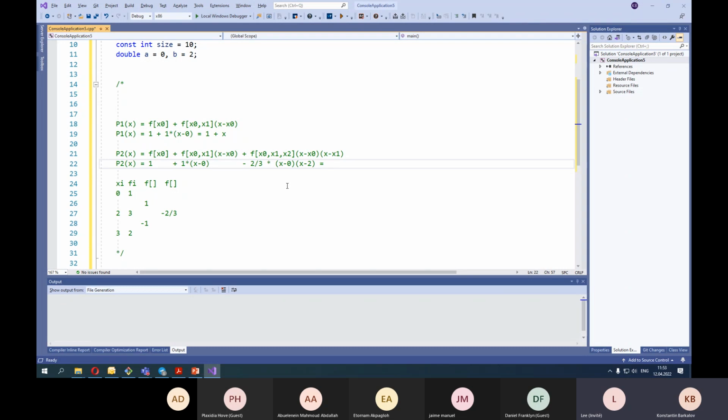And after that, we can simplify this formula. These first two terms give us 1 plus x, right? And what we have from the last part? Minus 2 over 3 times x times x minus 2.